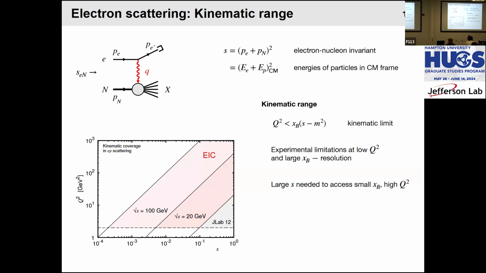So in practice, the kinematic coverage in these facilities is typically limited to some strip that covers maybe 1 or 2 orders of magnitude that is parallel to this diagonal line. So it's generally very difficult to measure, say, low Q square, high X in a high energy machine for various experimental reasons. So just be aware of this. This is the theoretical coverage I'm giving you here, and there are other limitations.